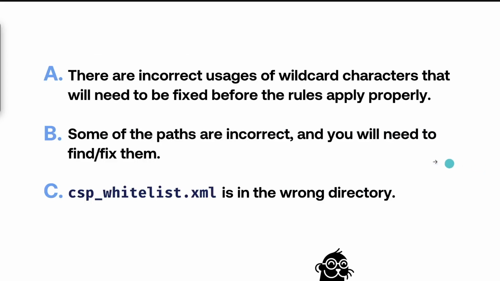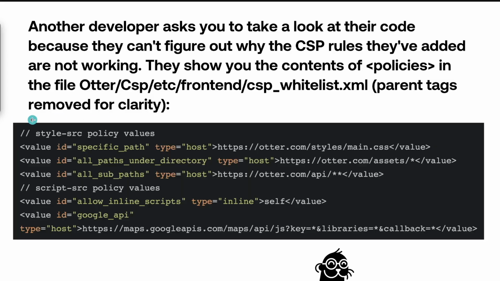So again, A, there are incorrect usages of wildcard characters that will need to be fixed before the rules apply properly. Now looking at the code again, we see a few different instances of the wildcard characters. We see a single asterisk, a double, and then here under the Google API value, we have a little bit of a spread here.